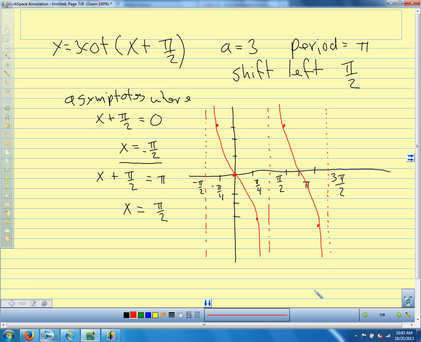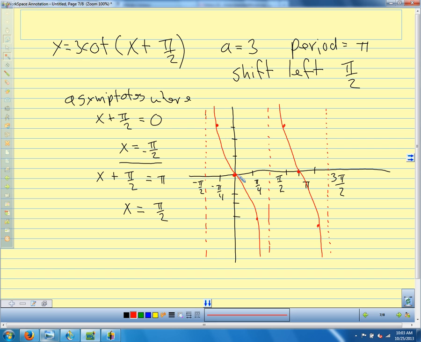So there are 2 periods of that cotangent function graphed out. And we can check our work. We said the period was pi, so between 2 intercepts is pi units, so that checks out. Between our asymptotes is pi units, so that checks out. So it looks like we've done everything correctly.